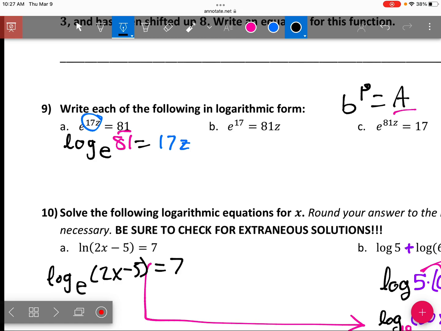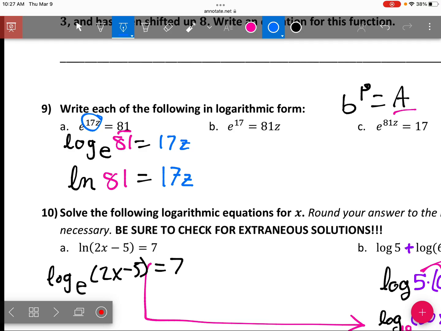Log base E, we can write a different way, though. We can put this as ln of 81 equals 17z. You don't have to do anything else after that. We don't have to simplify. We don't have to solve for z. We're just writing it down.